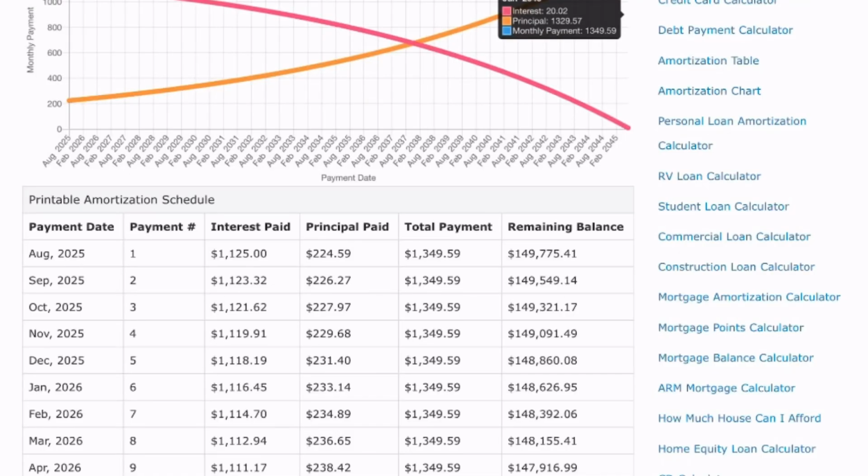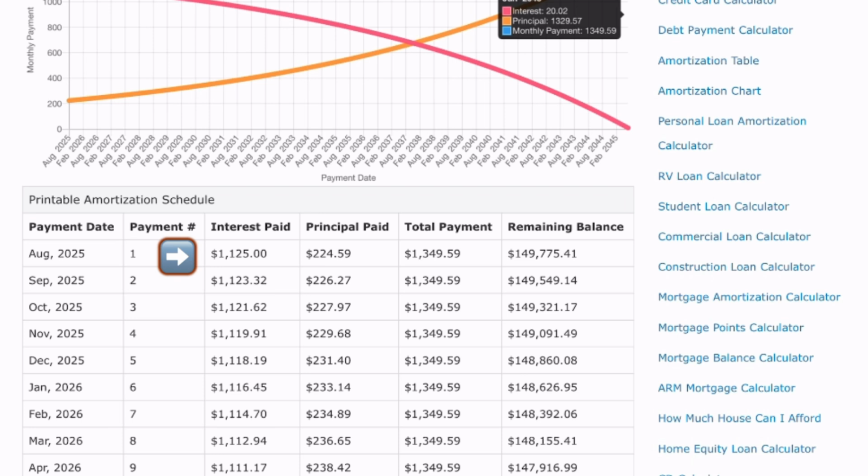So my total payment, you can see over there. My first payment, it says the interest paid is $1,125. Well, the reason is, if I take $150,000 and multiply that times 0.0075, I get $1,125.